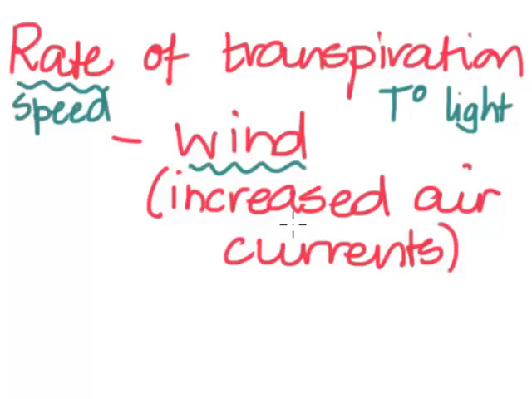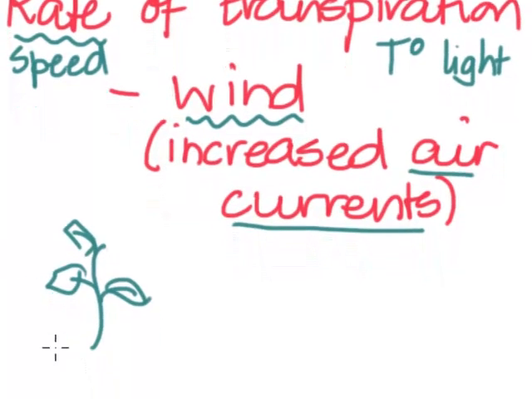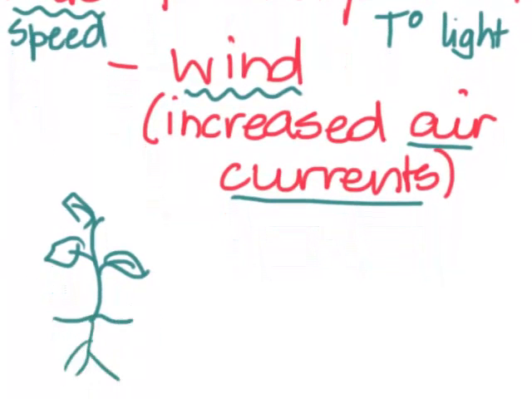You know that it is windy if you see things blowing in the wind, and the wind is simply an increase in the number of air currents or the air moving past something. Now, the situation that we have is a plant, and it's photosynthesizing, and therefore it requires water.